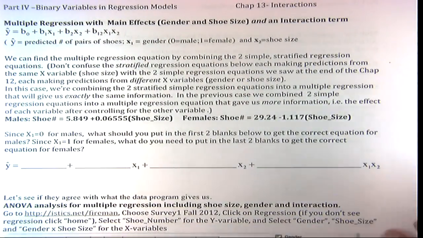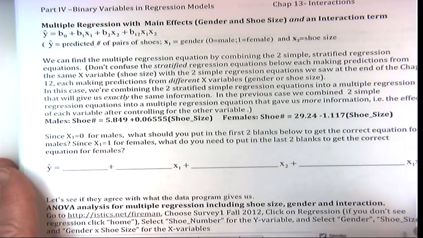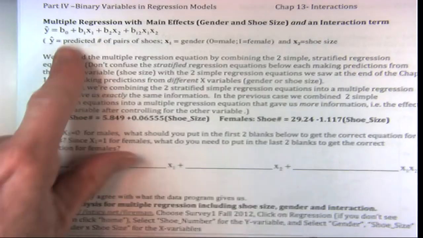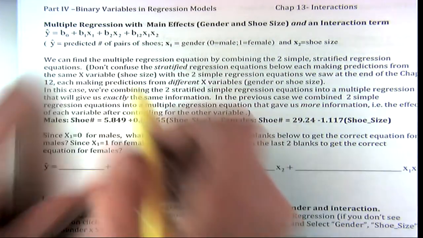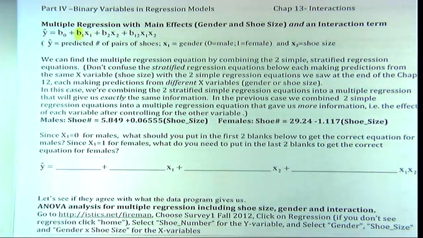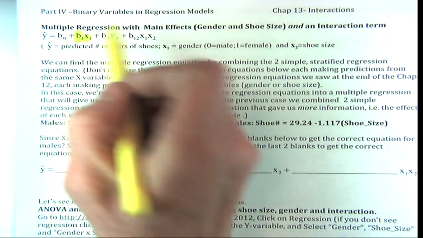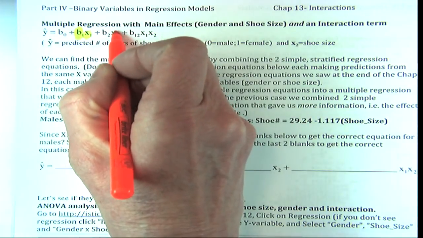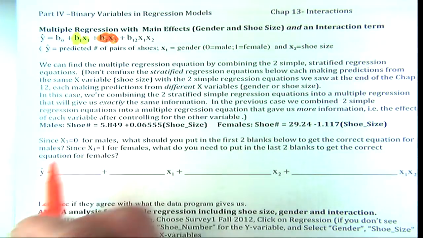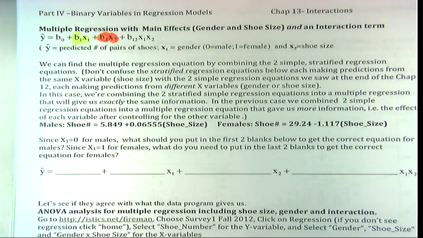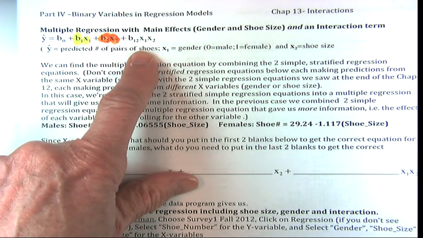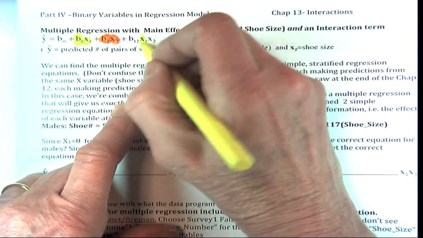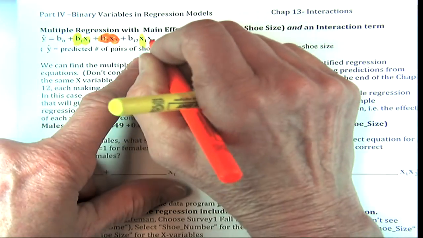So, what do we do? All right, so we have our usual, here's our intercept. And here was our gender slope, that's for gender, x1. And then we have x2, and that will still be for shoe size. But now, we have this multiplicative interaction effect, notice it's x1 times x2.